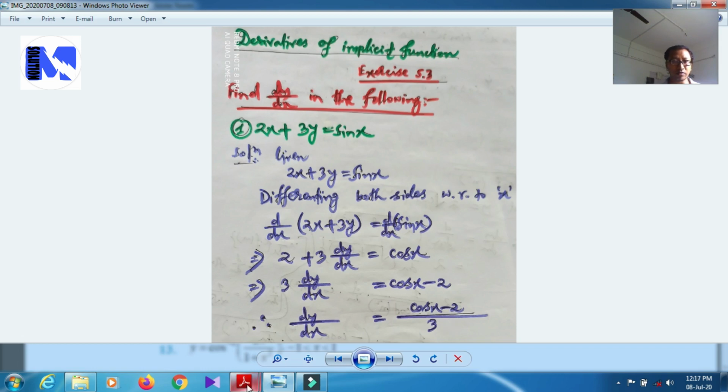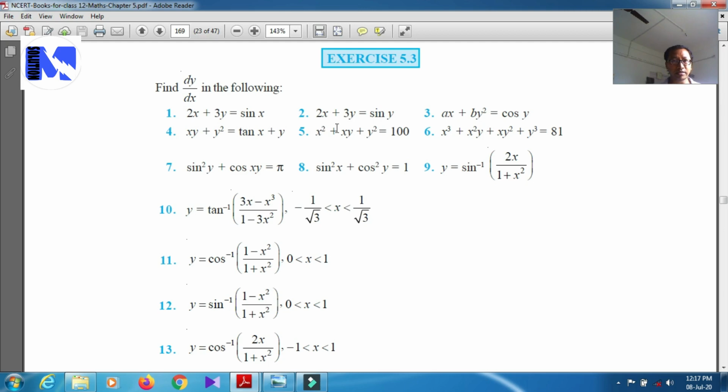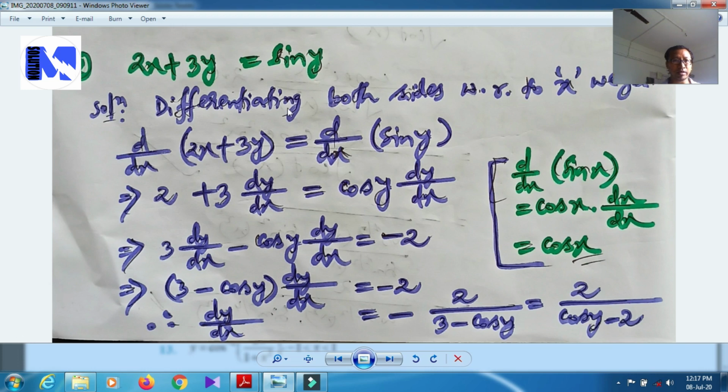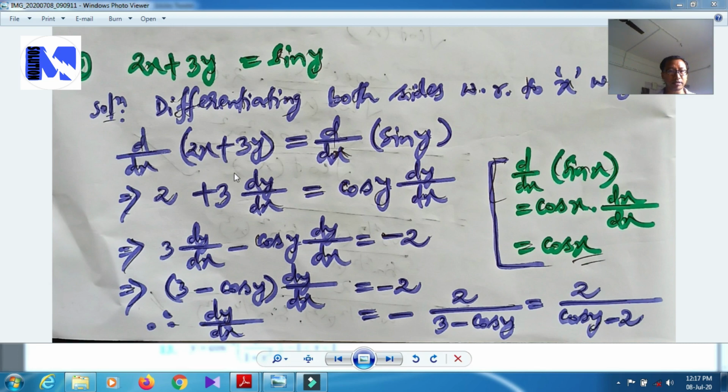Let's go to the second question. It is 2x plus 3y equal to sin y. The same process we have to apply here. Differentiating both sides with respect to x, we get d by dx of the left hand side, d by dx of sin y. It will be 2, it will be 3 dy by dx, and d by dx of sin y.